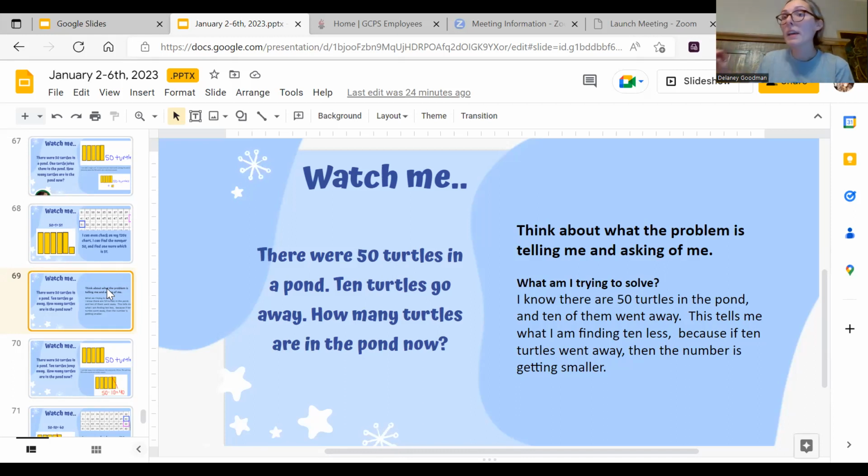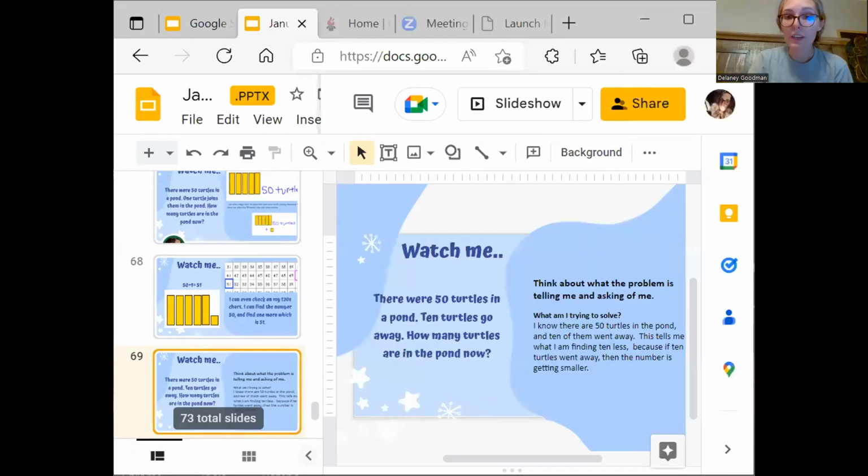So I know that my number is getting smaller because there were 50 and now some went away, okay? This tells me that I need to find 10 less because if 10 turtles went away, then the number is getting smaller, okay?